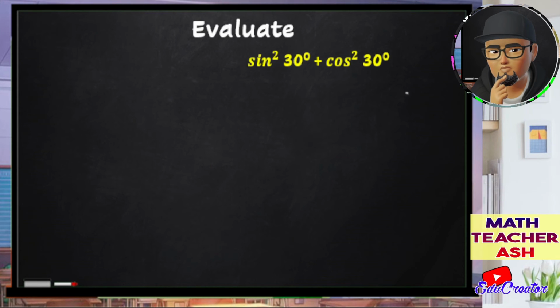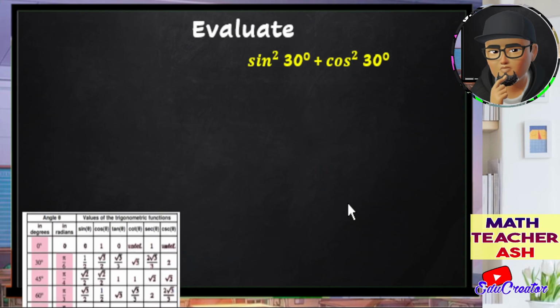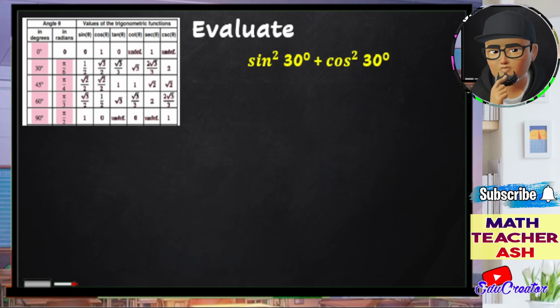The next problem, my dear math learners, is another easy one. Evaluate sine squared 30 degrees plus cosine squared 30 degrees. Okay, so in order to solve this, let us consider our table of values first. Let us consider sine 30. So sine 30 is 1/2.